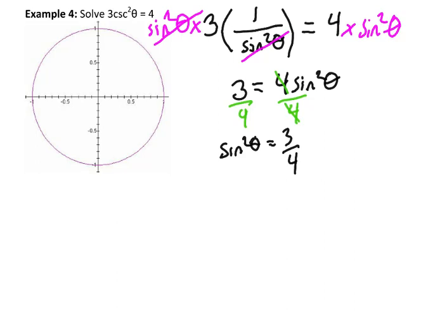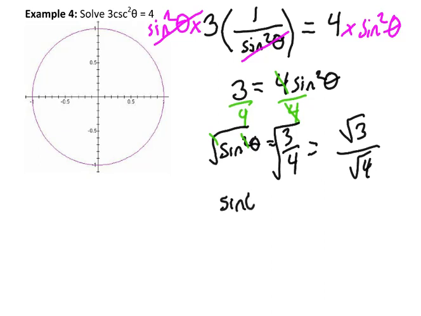Next, I'm going to want to square root both sides to get rid of my squared here. So that kills the squared in the sine function. And I get the square root of 3 over the square root of 4. Square root of 3 I can't simplify, but the square root of 4 I can. Square root of 4 is 2. So I get sine of theta is equal to root 3 over 2, but watch out whenever you square root a number, remember that your solution is positive and negative.